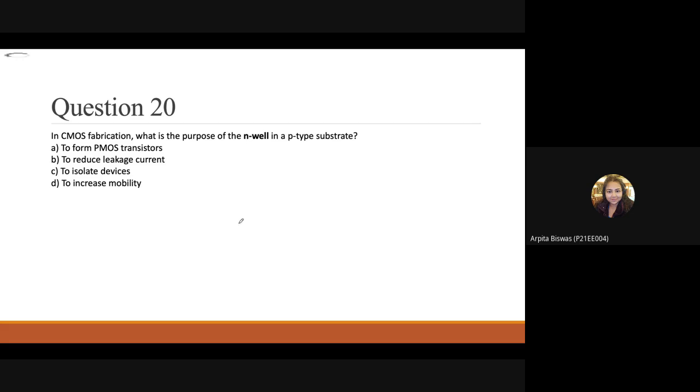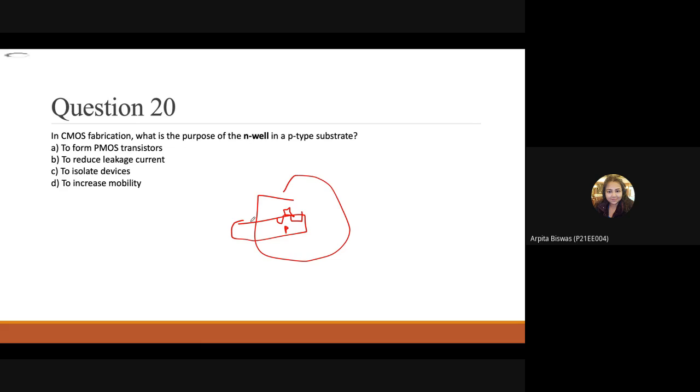You have seen NMOS or PMOS. If it is a P-type substrate, then here we can form the NMOS, with N plus doping, a gate, and the gate oxide. In CMOS, the P-type substrate gives the NMOS, but we need the N-well.